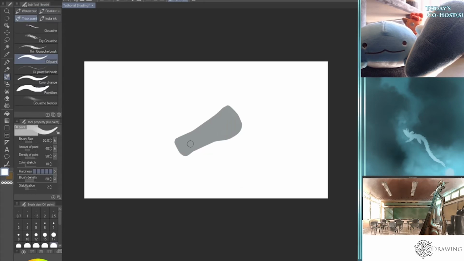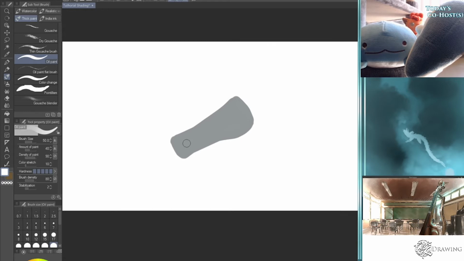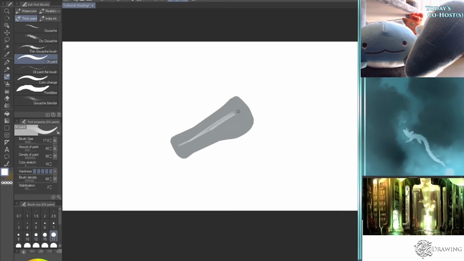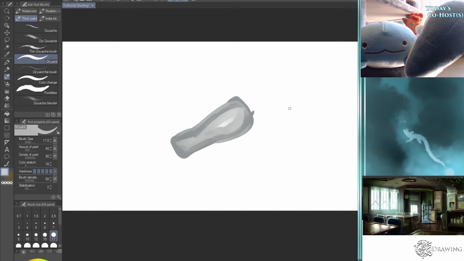Say this is the lower arm. Well, now we can kind of shade it in like this. Now we have the impression of an object that's kind of rounded like this, right?